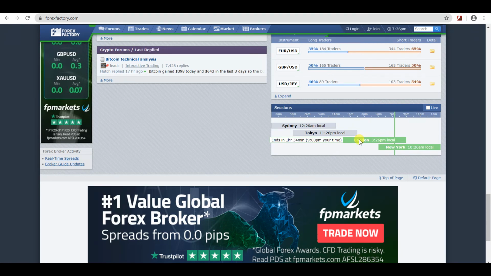Gold's major movement is in the London session, and Japanese yen and all others in the New York session. Pound and euro are moving perfectly. You can open trades in the New York session, all the pairs with pound and euro. In the Sydney session, you can open trades with the Australian dollar, and in the Tokyo session, you can open trades with Japanese yen. And in the London and Tokyo sessions, gold is trading very perfectly.